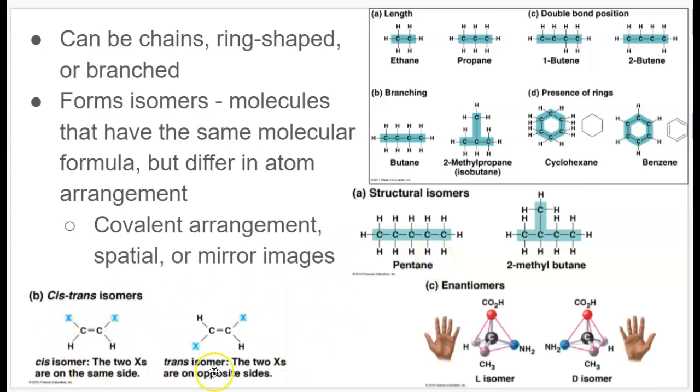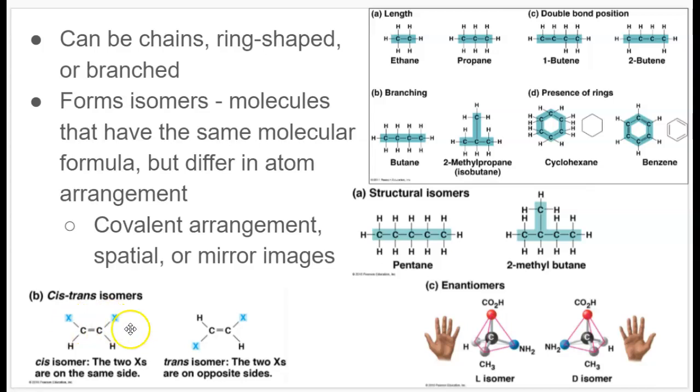Another example would be sort of a spatial difference. And those are called cis-trans isomers, and it just has to do with what is attached to the carbons. So for example, you can see the different groups or the different things. X just represents what could potentially be attached to that.